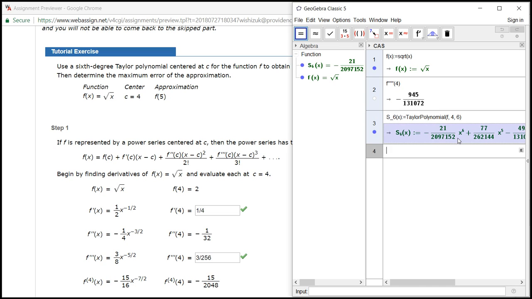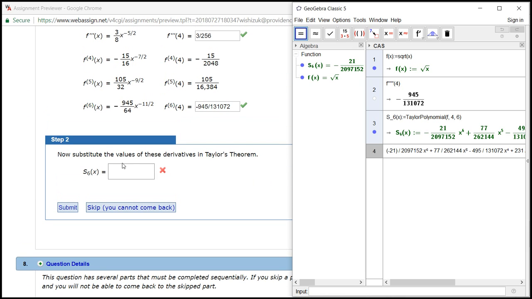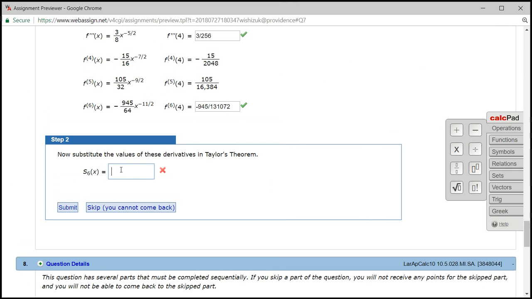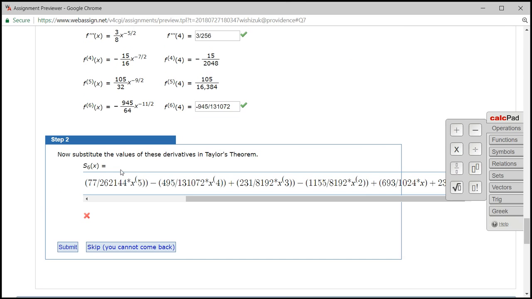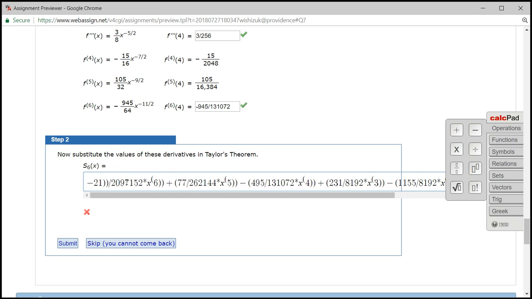So what I'm going to do is copy this and put it in here. It doesn't copy very well, but we can work with that. So I'm going to copy that. I just have to change a little bit here. You don't need the name here.